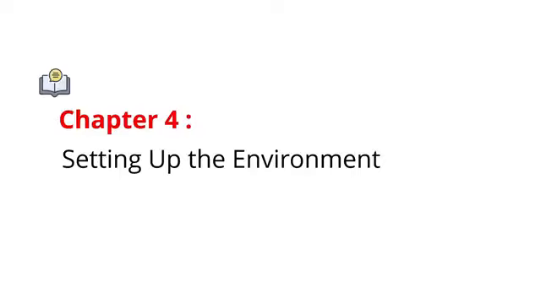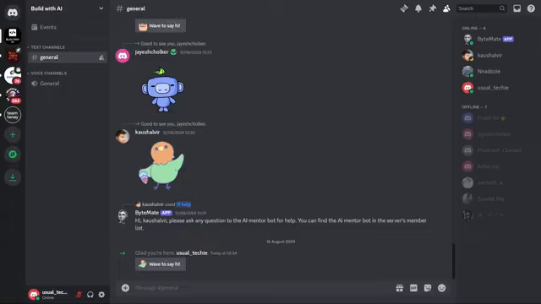We are going to use AI to do our research, but first we need to set up the environment. So let's learn how you can set up your learning environment. Once you join our Discord server Build with AI, you will get access to a lot of tools. And to know about any tool, or anything about coding, our new video schedule, and everything that you need to know, you just need to communicate with our chatbot ByteMate.